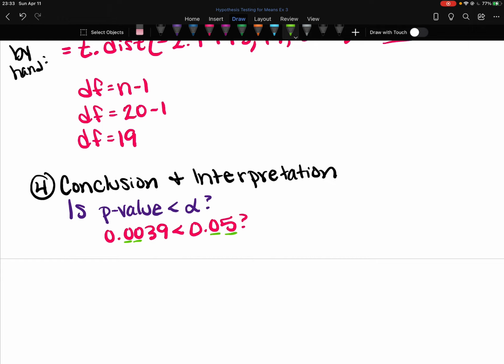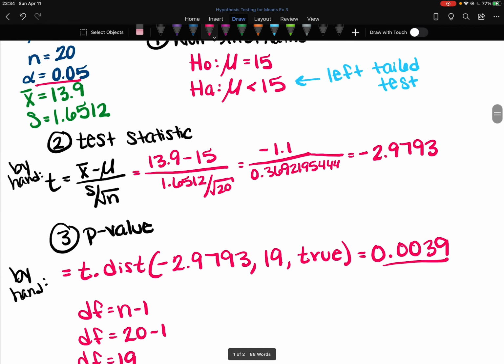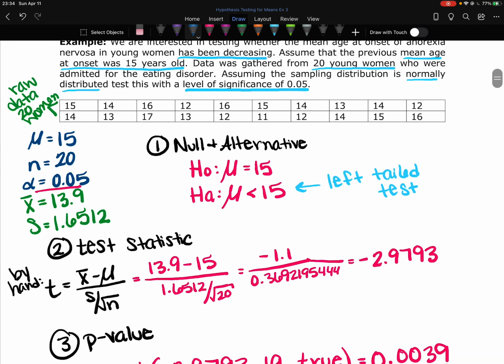The 0 in my p-value is less than the 5 in my alpha. So, yes, which means I reject the null. And I'll come up here and we'll cross it out. So this guy is false. This guy is true.